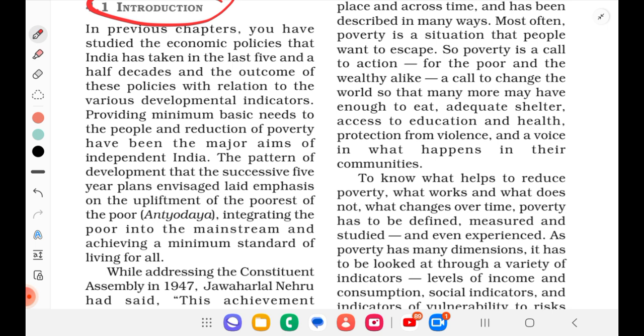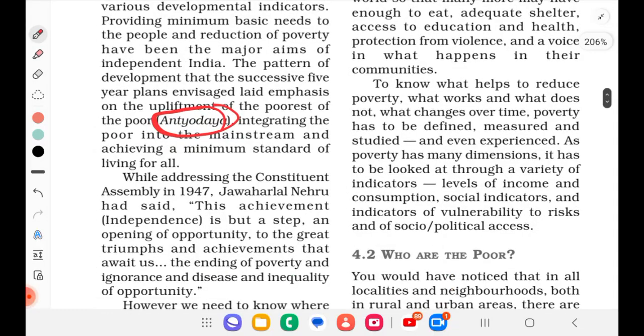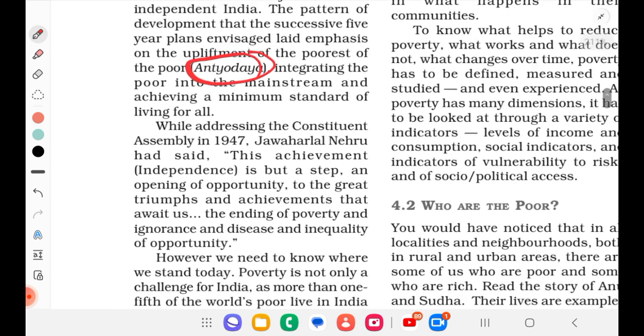The pattern of development that the successive 5-year plans envisaged laid emphasis on the upliftment of the poorest of the poor, Antyodaya, integrating the poor into the mainstream and achieving a minimum standard of living for all.